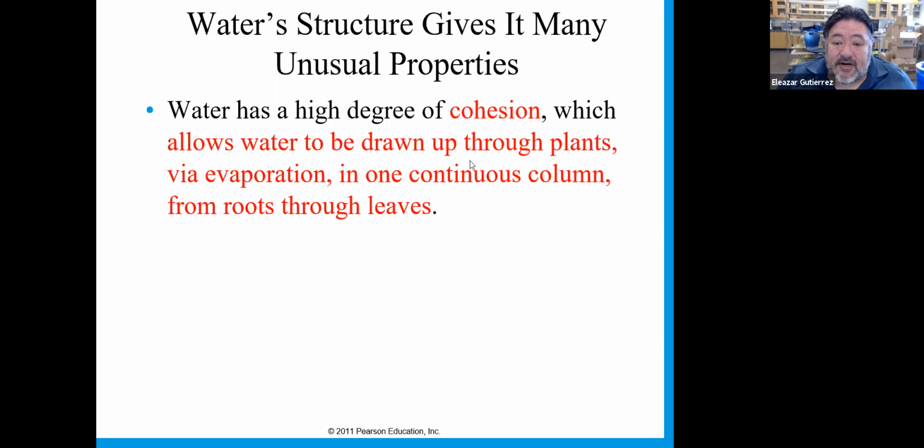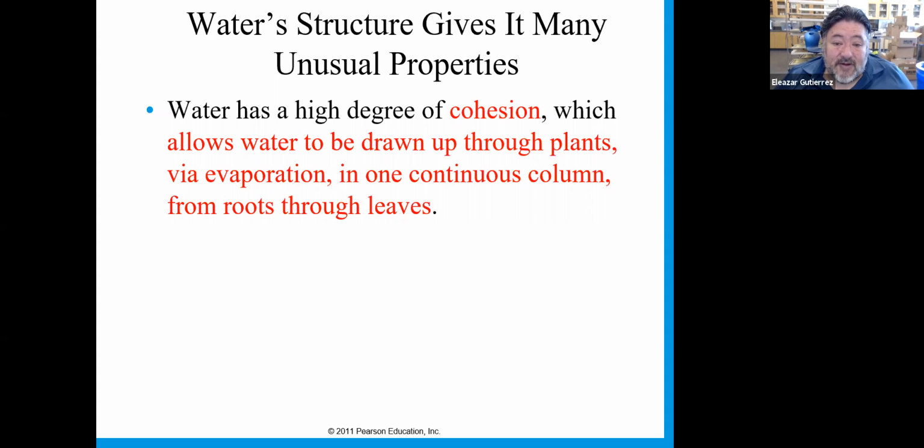Because both of those events are responsible for allowing plants to take up water from their roots, up their xylem and down their phloem passively. What does passively mean? Without expending energy. And if this doesn't blow your mind, it's probably because you haven't gone to the redwood forest where there are trees that are over 206 feet high, and water's coming from the soil and traveling over 200 feet into the air, and all of that is not requiring energy.